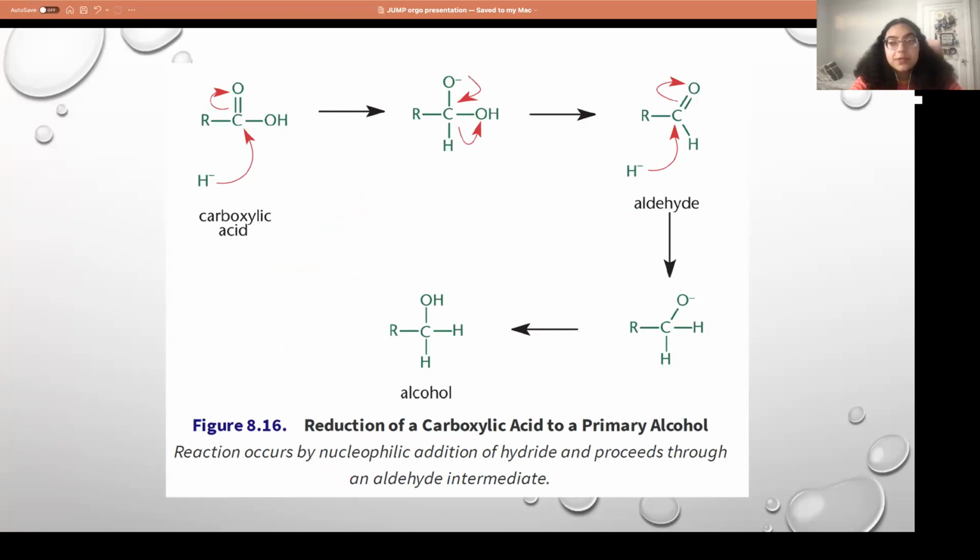It can reduce ketones and aldehydes to alcohols, but it's not going to work to reduce a carboxylic acid. These are the steps for reduction: first you have the double bonded O, then it forms an aldehyde, and then you reduce once more to get to the alcohol.